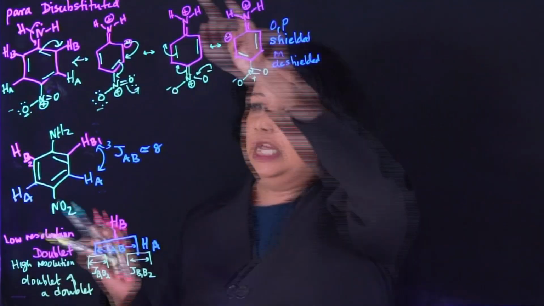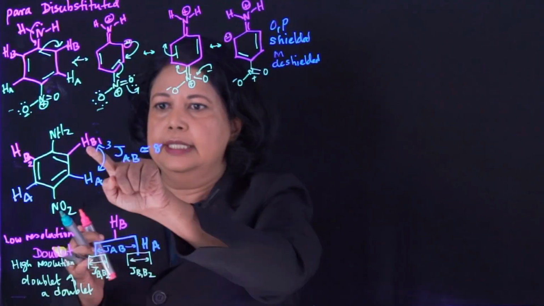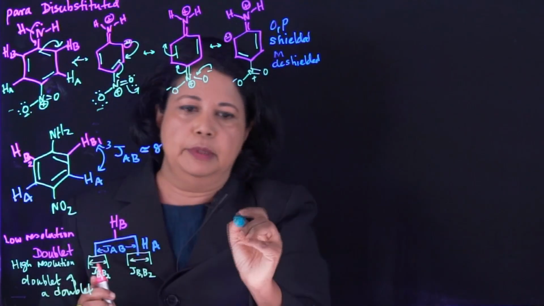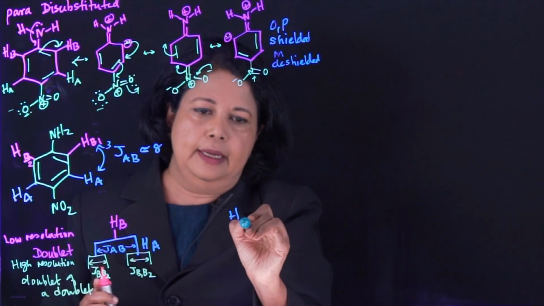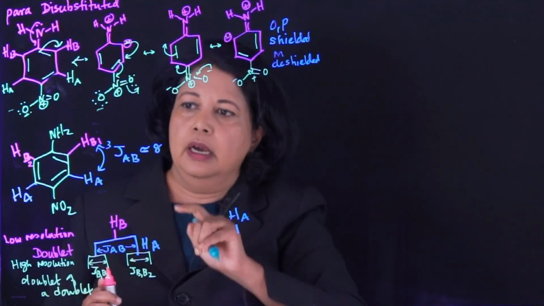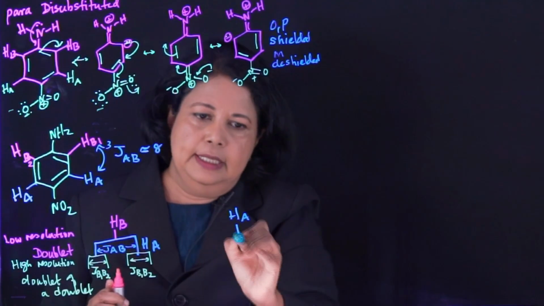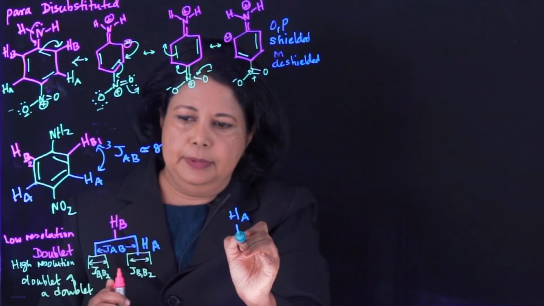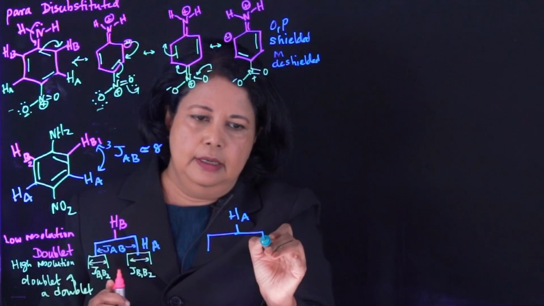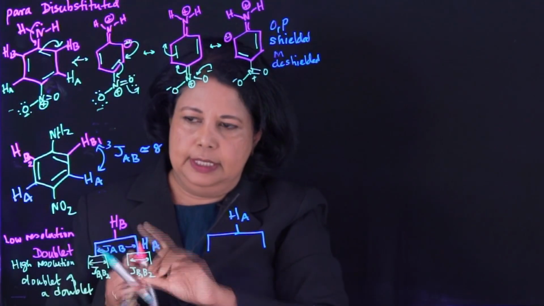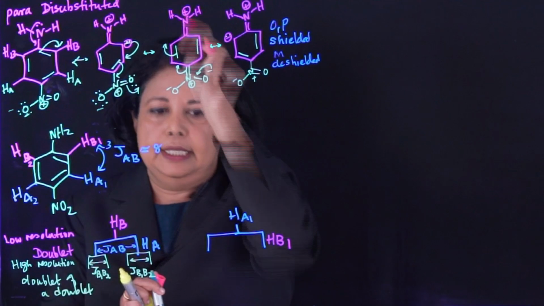So what about HA? Who's going to split HA? Let's look at HA. So HA, let's say there were no hydrogens in the neighborhood, would give you a singlet. However, you have an HB that is ortho to that. So therefore, you are going to couple HA with HB1 first. Now that's going to give you a doublet. So if it's a low resolution, you would see just a doublet.